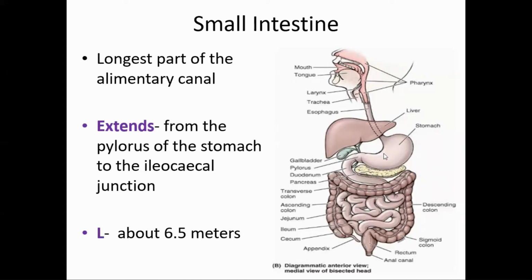Stomach, jejunum and ileum are intraperitoneal organs. They are covered from both sides by peritoneum, whereas the duodenum is covered by peritoneum only on the anterior surface and the lateral side.